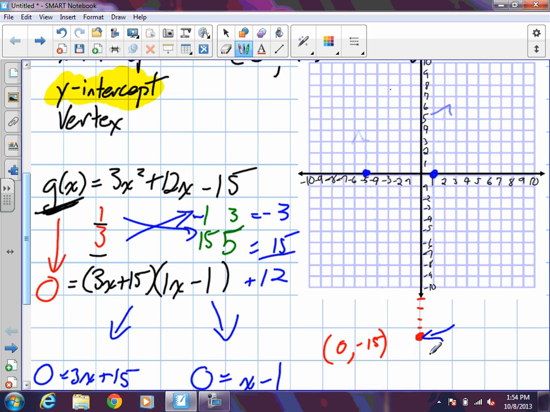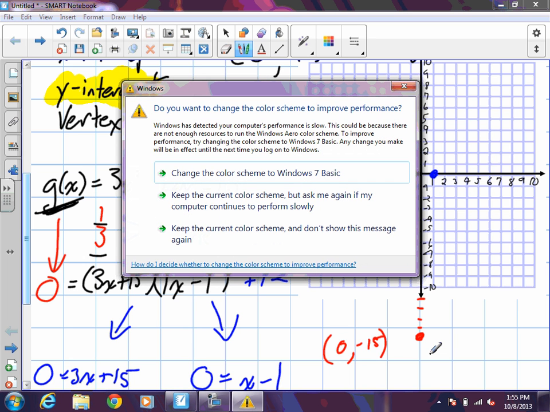Higher? Why higher? A vertex is what? Do you use two words that start with M usually to describe them? Right. Has to do with extremes. A max. Your vertex is either your maximum point or your minimum point.